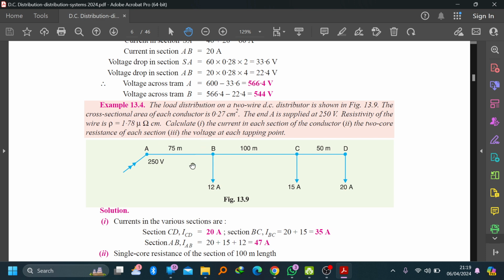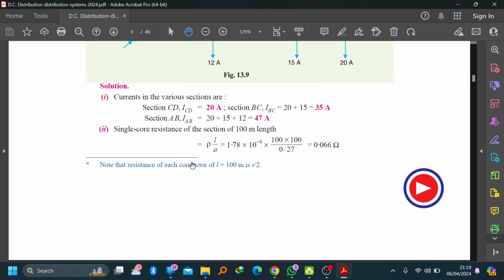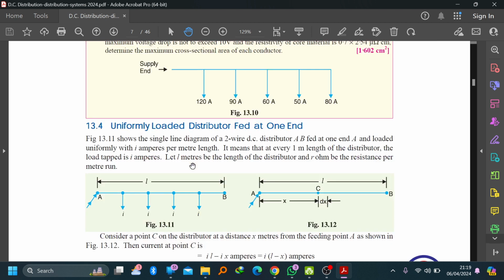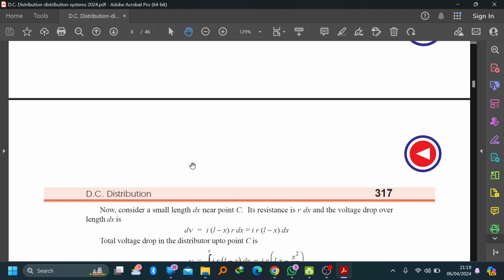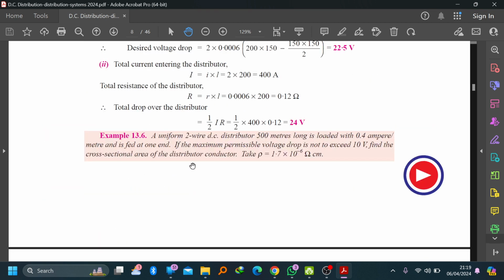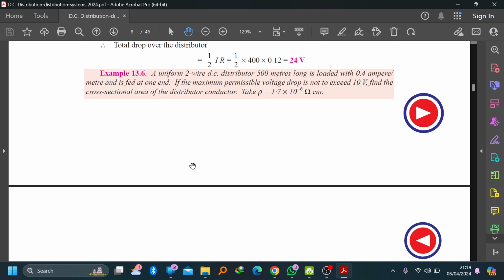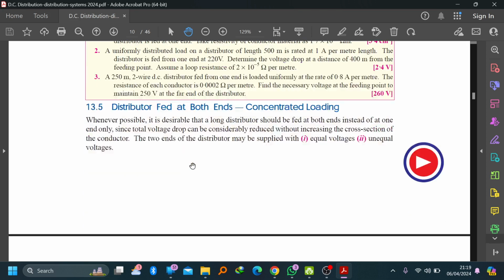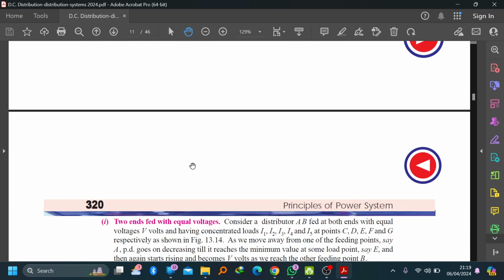You can simply work it out as we had earlier said. That is briefly it. There are some of the problems that we have. Then let me go directly to distributors fed at both ends.